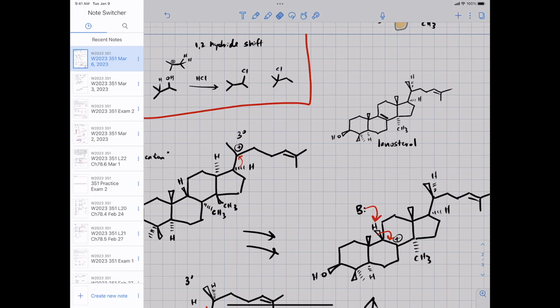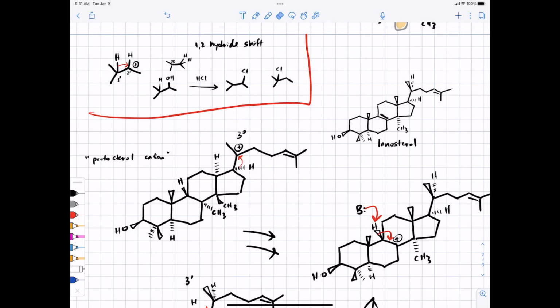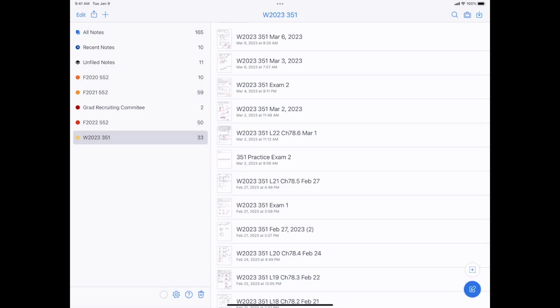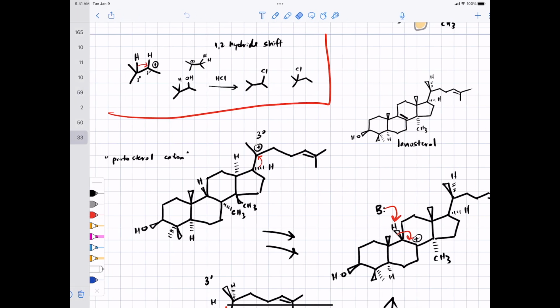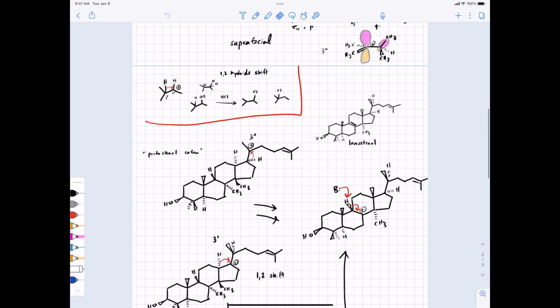Let me check and see whether I even have. Nope, sorry. This is a common precursor for estradiol, testosterone, progesterone, anti-inflammatory steroids, cortisol, prednisone, cortisone.